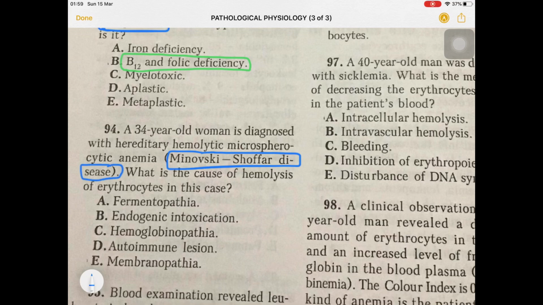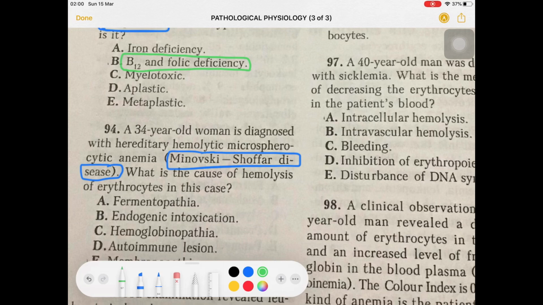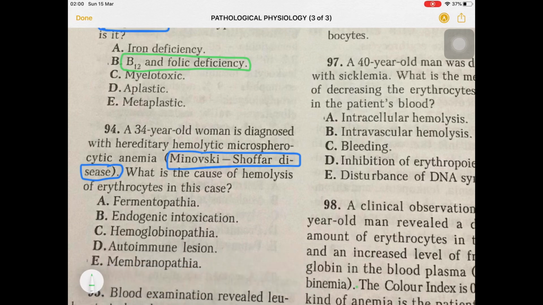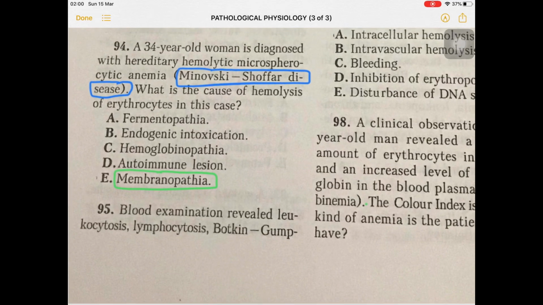Further, I told you ankyrin and spectrin proteins are deformed in the RBC membrane. That is the main problem here. So what can be the case? Yes, that is membranopathy, right?